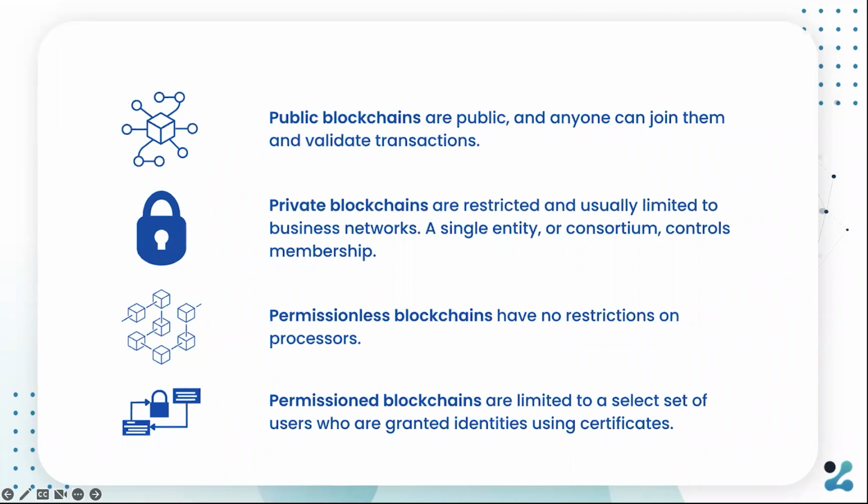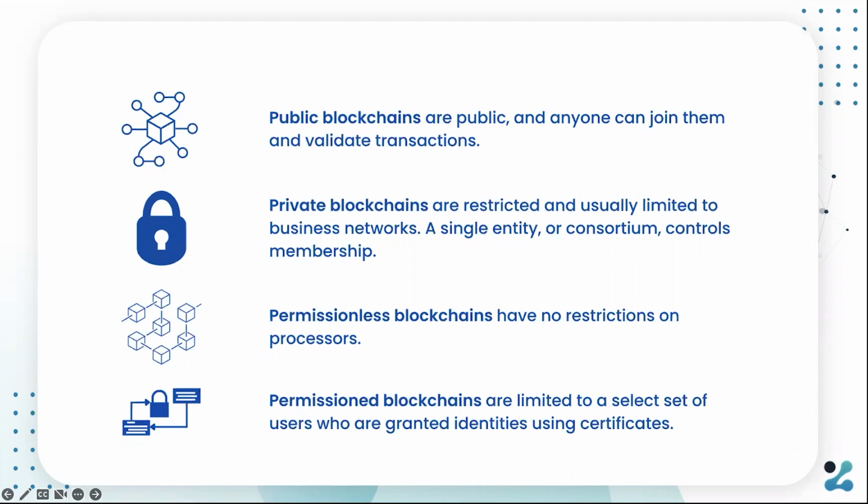In permissionless blockchains, you have no restriction on processes. What this means is, again, a public blockchain, where there is no validity rule around what happens and when. Anyone can read, write, and execute at any point in time. The execution engine, the virtual machines, are always available.